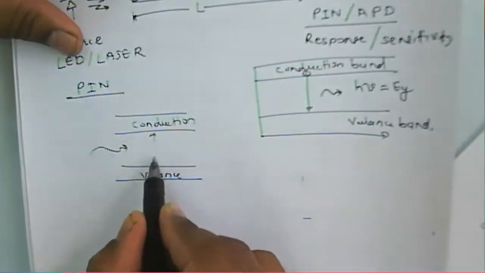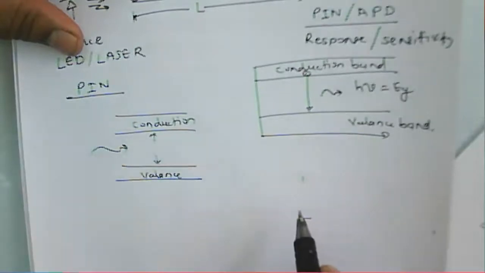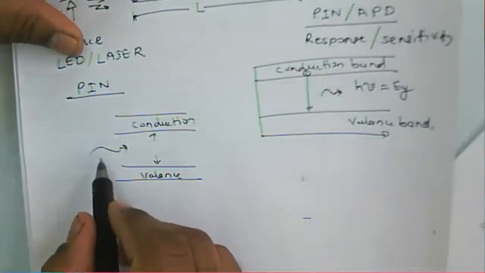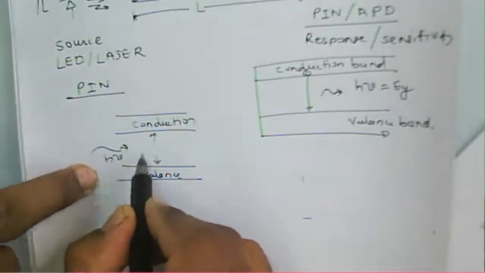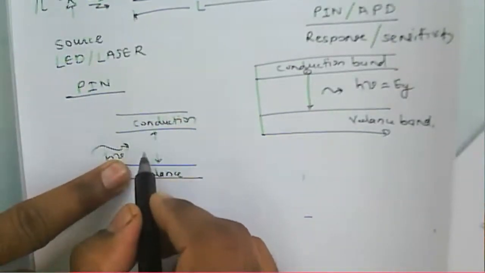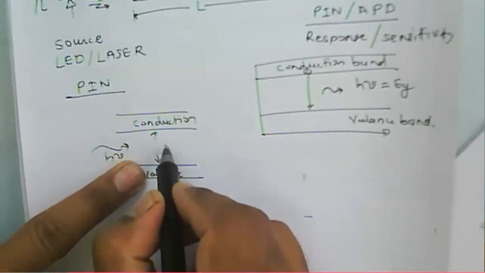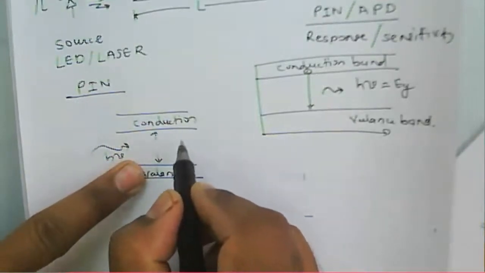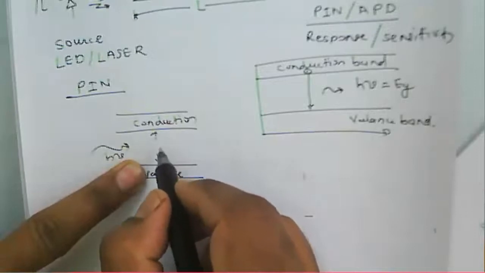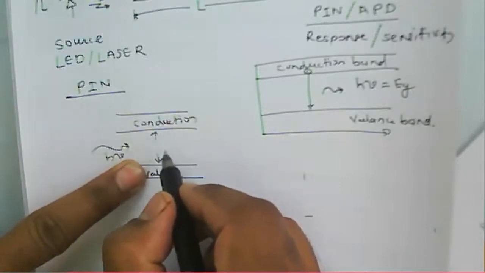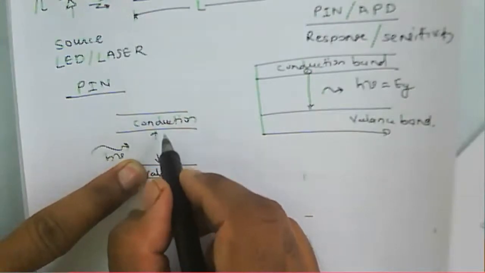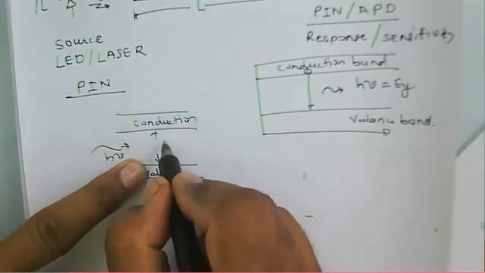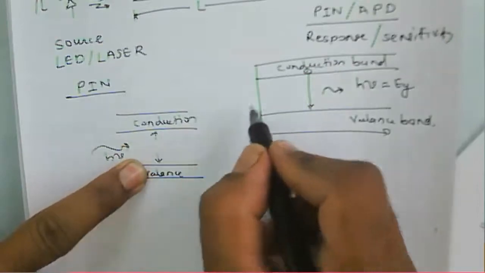There is a flow of electron in that direction and hole in that direction. It means a photon of that hv energy will be absorbed inside this material, and then it will generate an electron hole pair. That electron hole pair generation takes place inside the detector, and due to that it will generate the current.